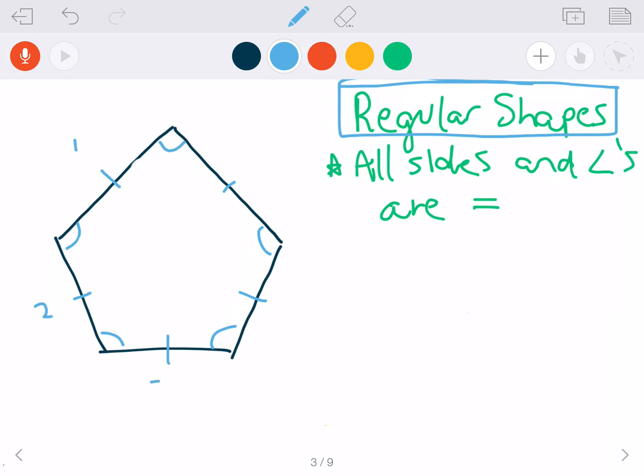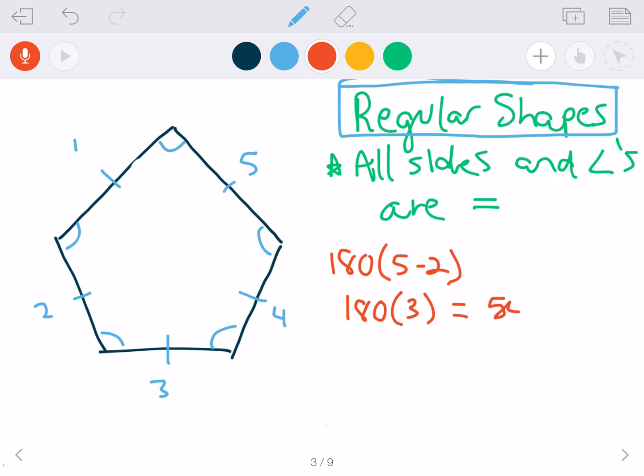We've got 1, 2, 3, 4, 5 sides, and all 5 sides and angles are equal to each other. So to find the sum of the interior angles, we're going to do 180 times 5 minus 2. So 180 times 3, which in the last example we found out was 540 degrees.